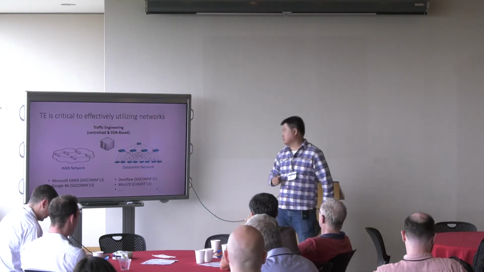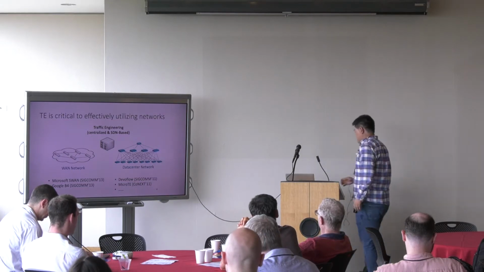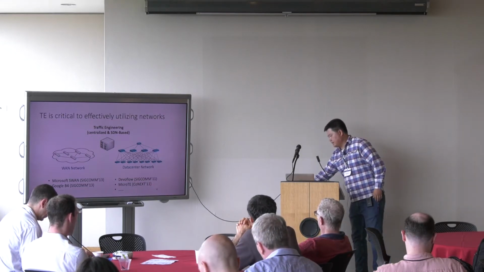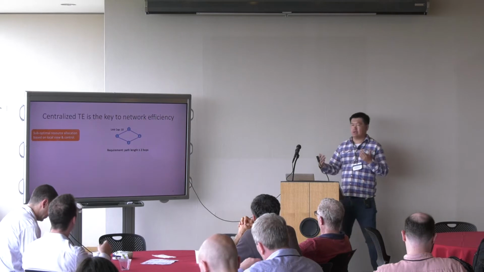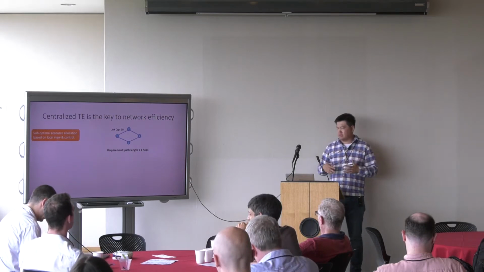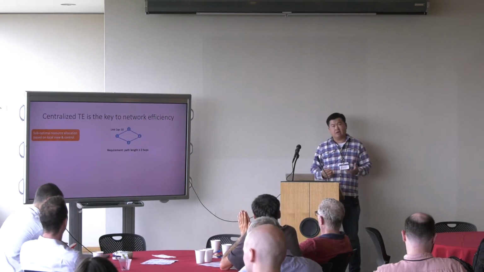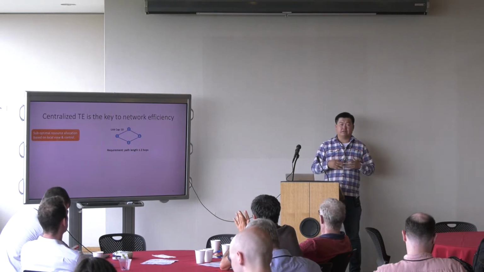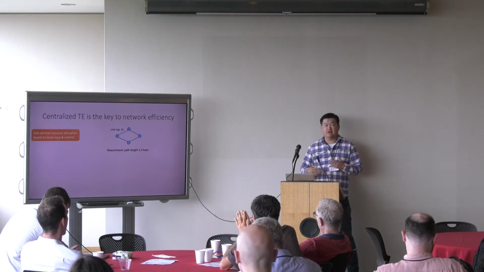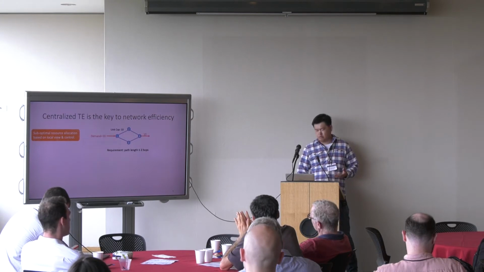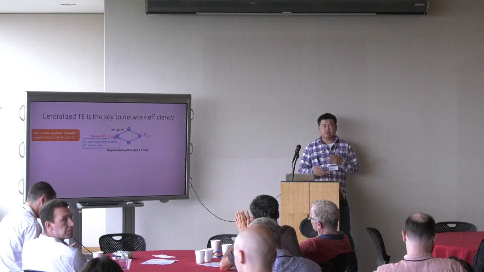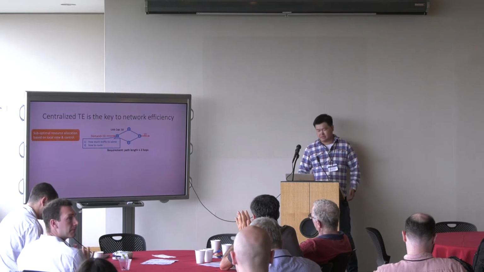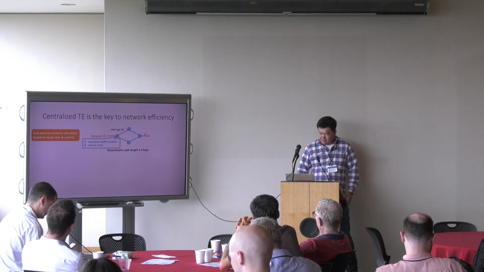Both Microsoft and Google have their own solutions. This slide briefly explains why people want centralized TE rather than distributed TE. One reason is that at that time SDN was hot. The other is that we found centralized TE has much better efficiency.